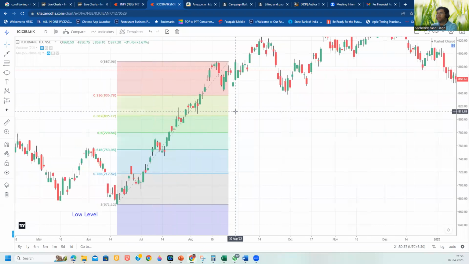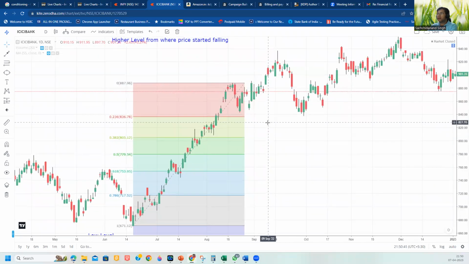So in this example, when the ICICI stock was moving up, the retracement is happening. It has not even touched 23. So it has retraced around 20. And again, from there, it moved upward.